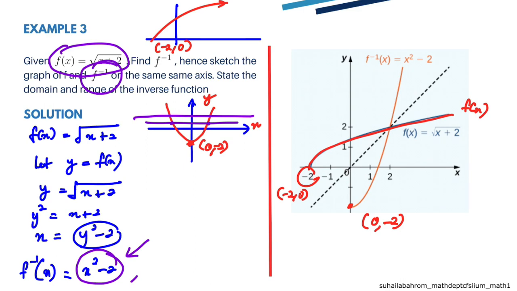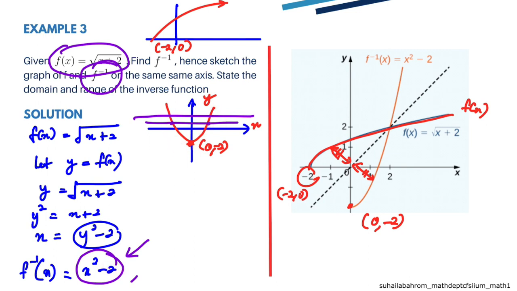Then you have to make sure this graph is symmetrical. So this one is symmetrical. Finally, this is the graph of f and f inverse on the same axis. Now when we go back to the function f inverse, as I mentioned, for x squared minus 2 this is how the graph looks.